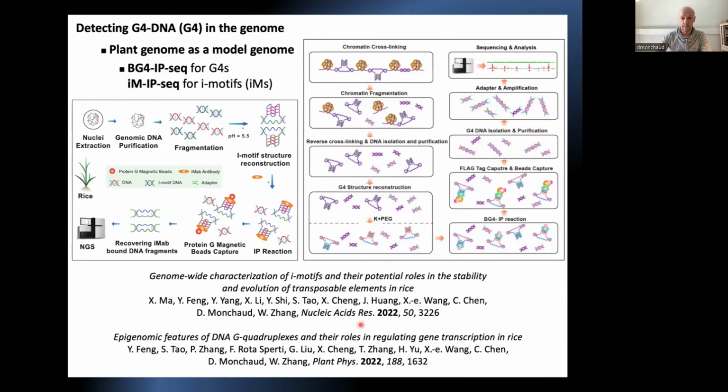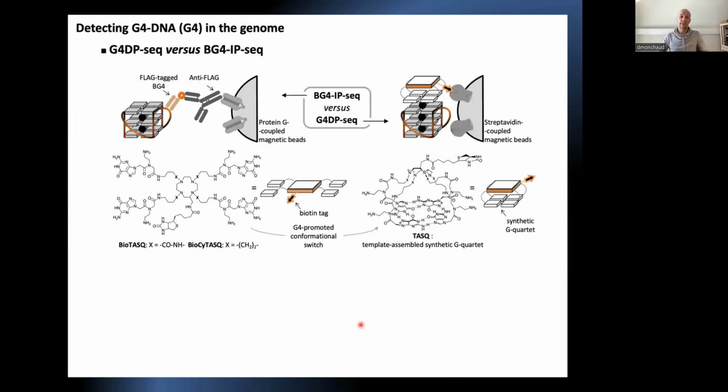So because a lot of basic work was done, I decided to play with this model to investigate whether we can use the biotin-TASQ to purify G4s either in vitro or in vivo, to make the direct comparison between the two approaches.